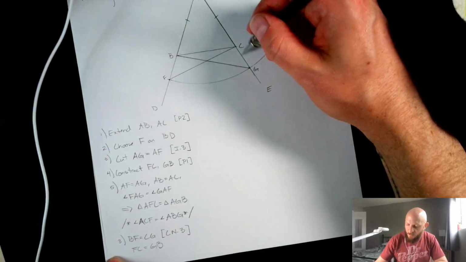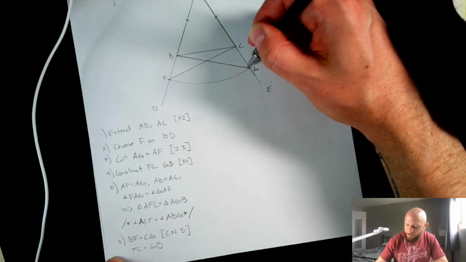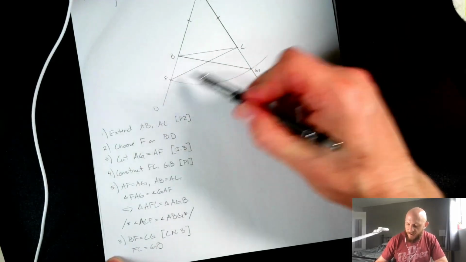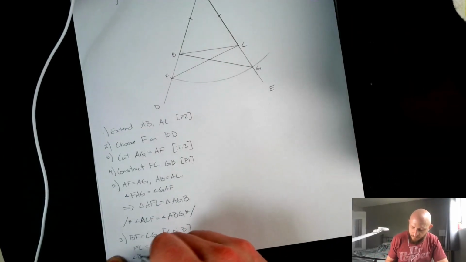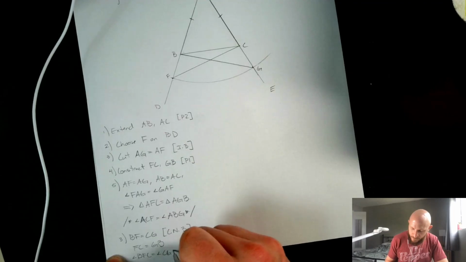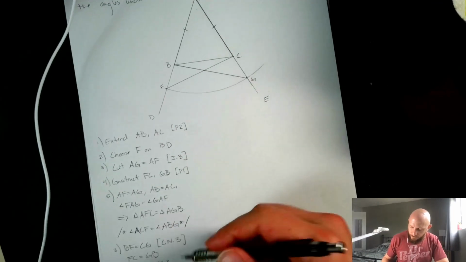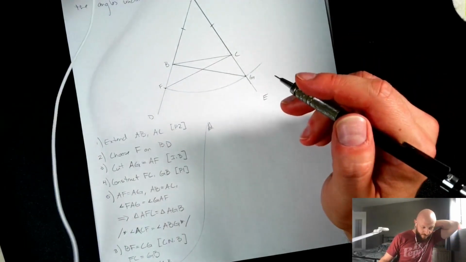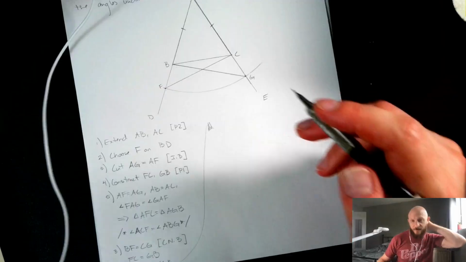Same with the angle between them. So this angle CGB is equal to the angle BFC. And all of that is enough to state that those two triangles are congruent.